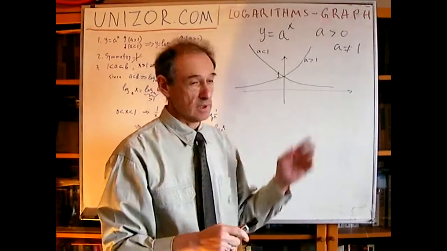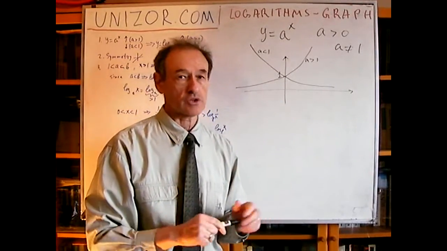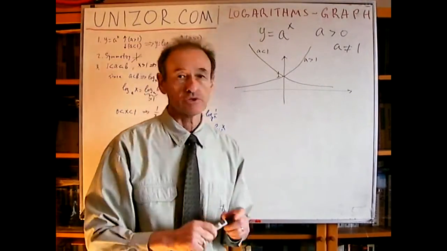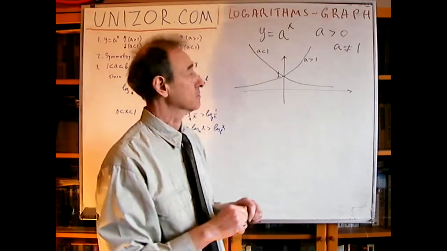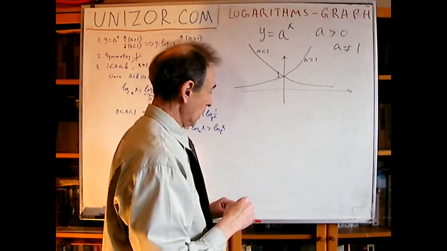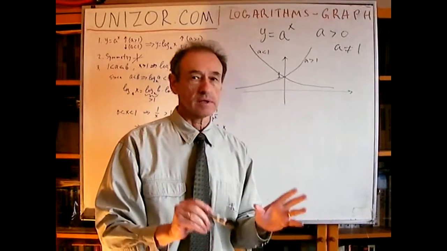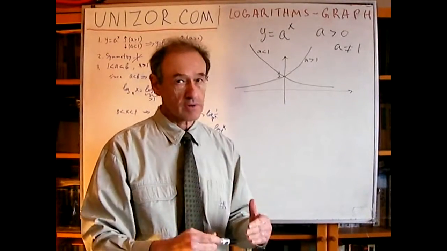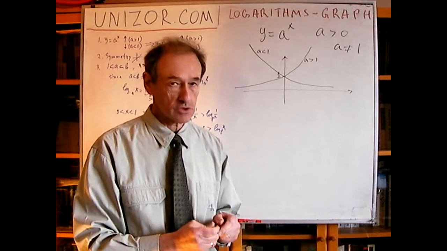Just if necessary, refresh your memory and go to the lectures about the exponential function. Fine. Next, we have to understand that the logarithmic function is an inverse, by definition, of the exponential function.